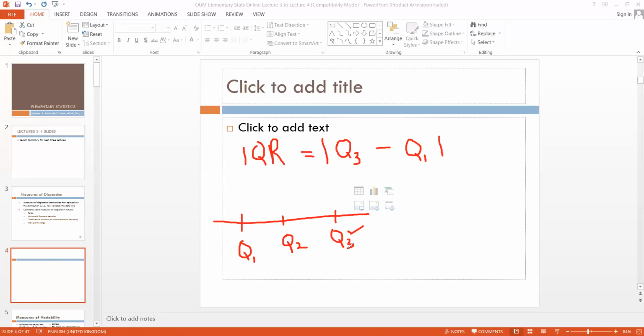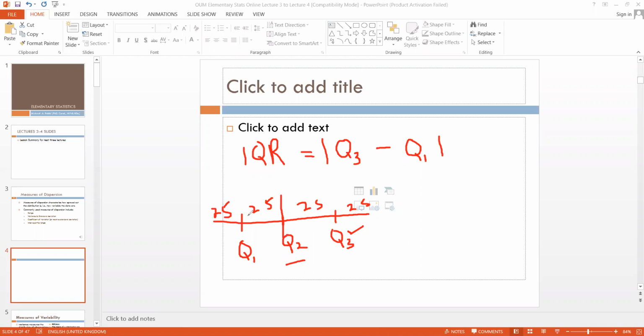This is the first 25% of the data, the next 25%, the next 25%, and the final 25%. And we said that Q2 is the median. Why? Because it partitions the data into two equal halves, 50% below the median and 50% above the median.